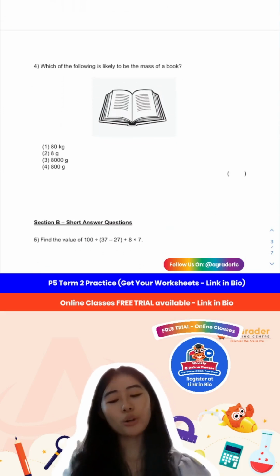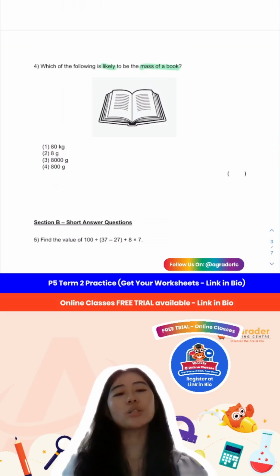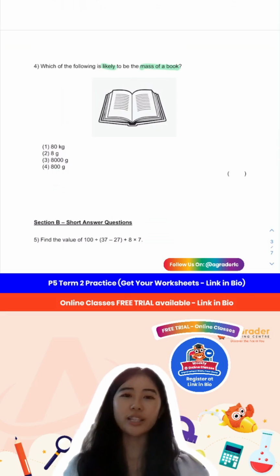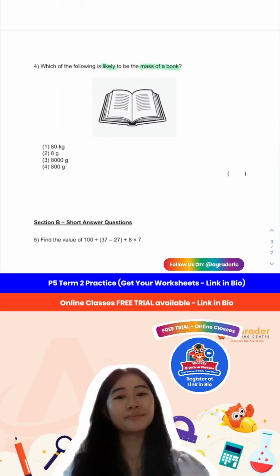Question 4. Which of the following is likely to be the mass of a book? Right. So we have a question, right? So The Tree Master Poop asks, how do you know how heavy a book is exactly? Well, it depends on which book it is, right? But for this question, they are asking you which one is likely.